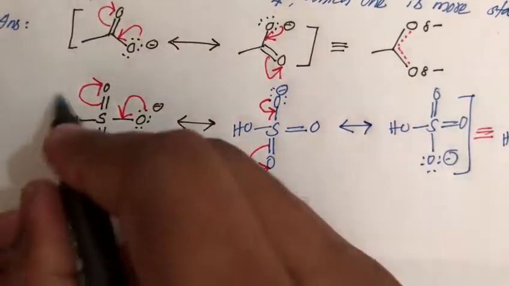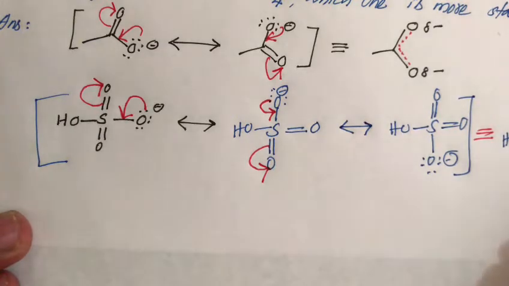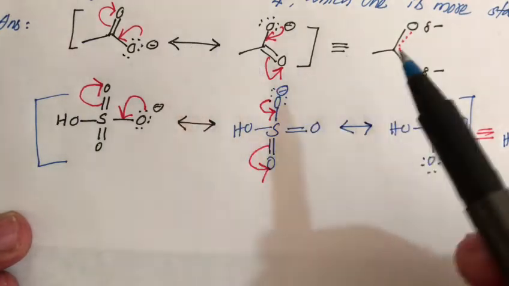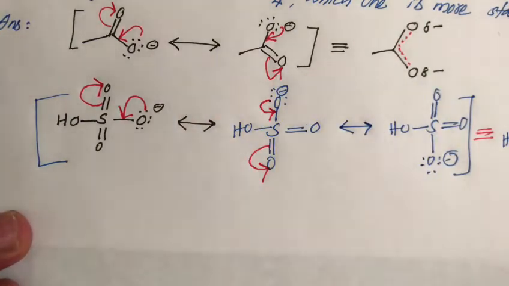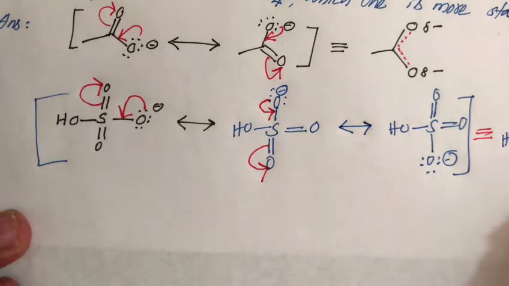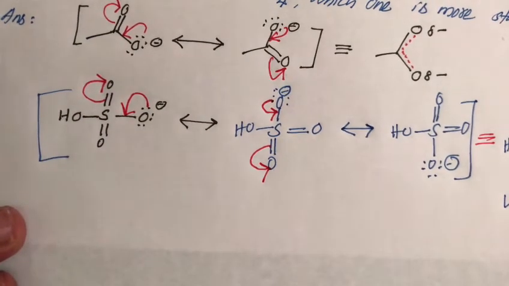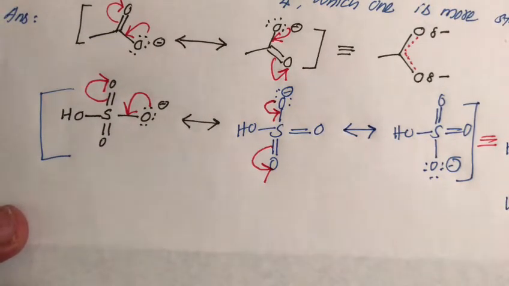So here the one negative charge is distributed among 3 oxygens, there only 2 oxygens. So among CH3CO2 minus and HSO4 minus, HSO4 minus is more stable than CH3CO2 minus. From this we can clearly understand that this resonance effect can be utilized to explain the stability of several concepts.